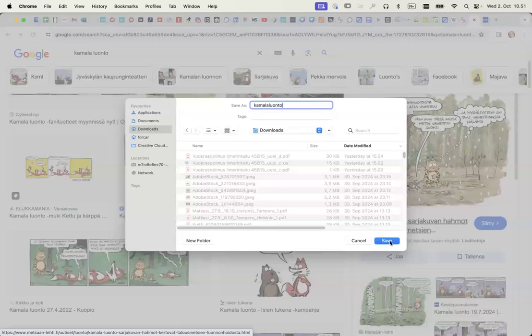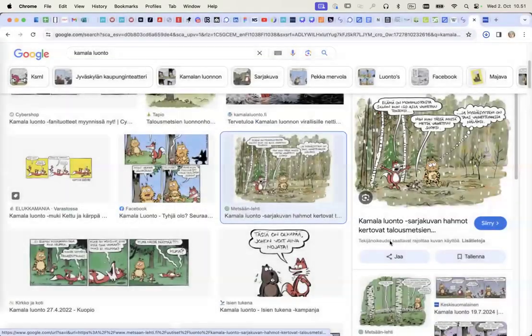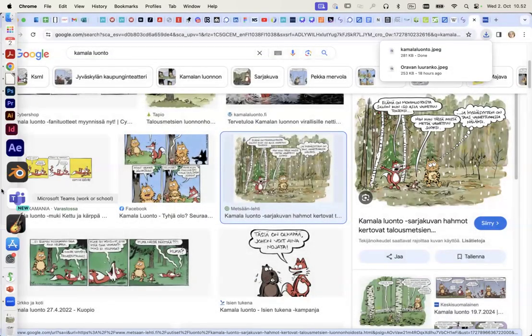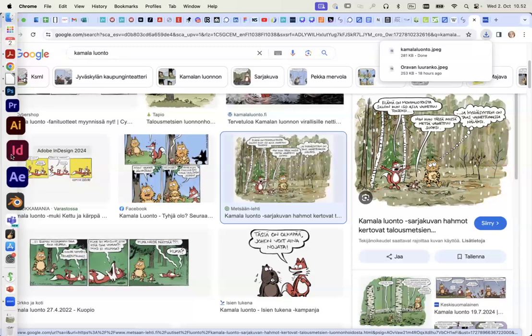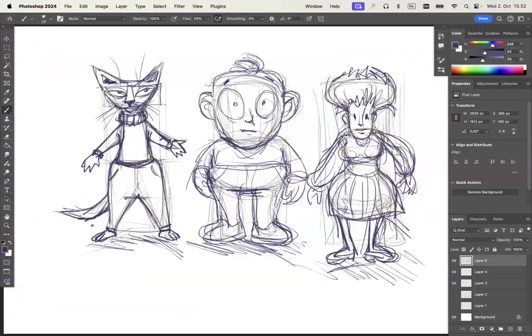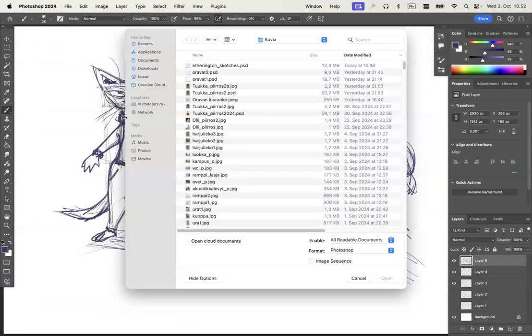Come on, Wand. Back to Photoshop. And now, 5 minutes after I have drawn those characters, I already hate them.